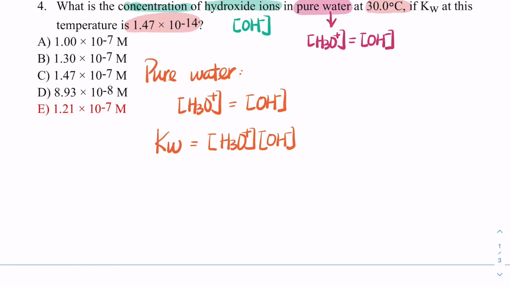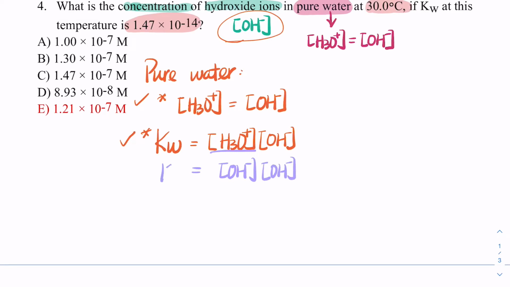These two will be true. We want to know hydroxide, and we know the concentrations equal each other, so we swap hydronium with hydroxide ion.